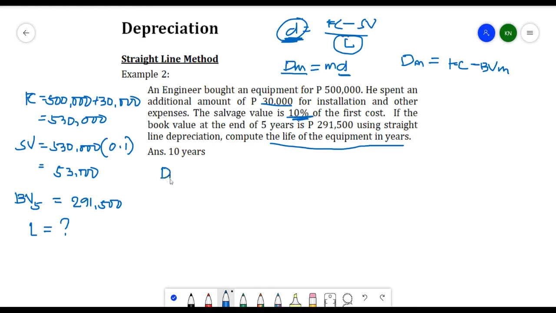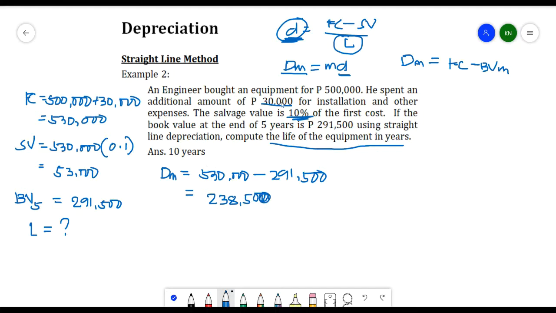So DM is just equivalent to FC, which is 530,000, minus our BVM at 5 years, which is 291,500. So we can already get our DM here, which is 238,500.